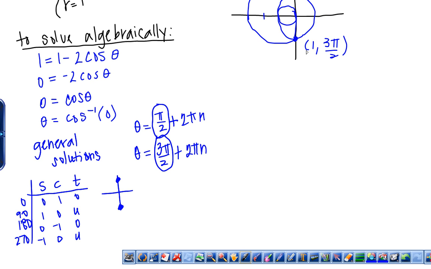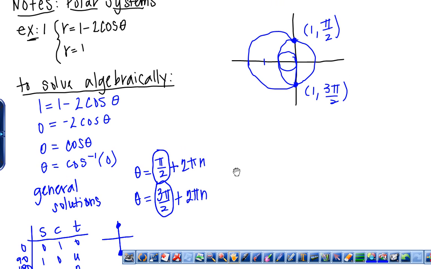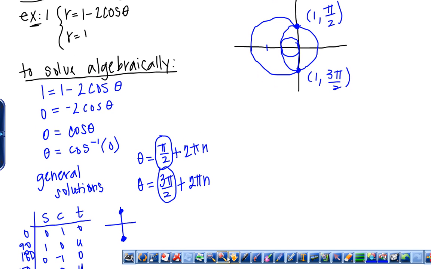So I'm going to write this as an ordered pair. Remember, when you write this, you always write your radius first. So my radius, which was given in this one, so I'm going to move it back up, my radius was given, and it was a radius of 1. So my solutions are going to be 1, and my angle is pi over 2.